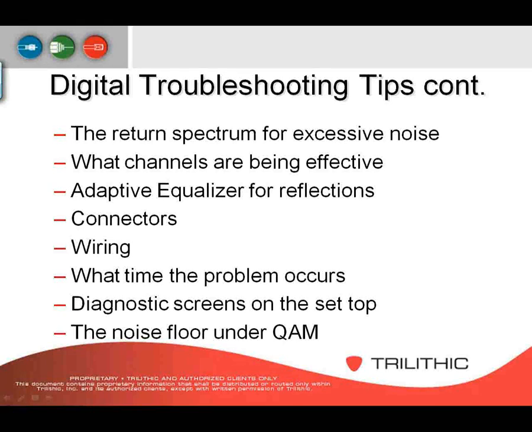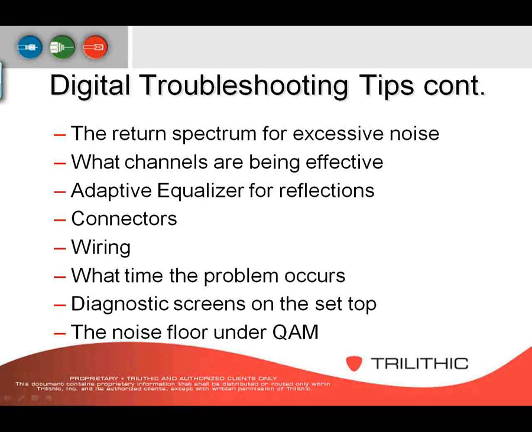You can check the return spectrum for excessive noise, because that's another thing we talked about in one of our other series. That area accumulates a lot of the composite noise that's coming back from the network. So if you have a clean return, then there's a strong chance that your forwards are going to be looking pretty good as well.